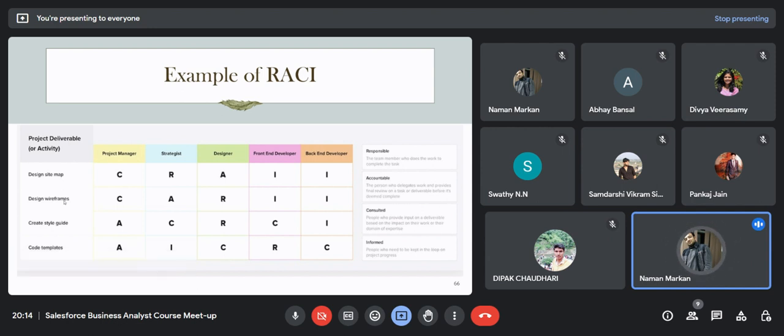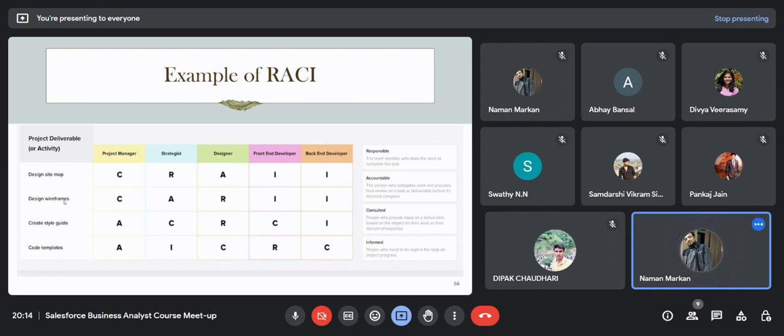What are the people who are responsible? What do I have to do at a particular stage, and whom do I need to consult for a particular task, so that I can get informed, and everything related to RACI. Okay, so this is just a rough idea about what exactly RACI is all about.